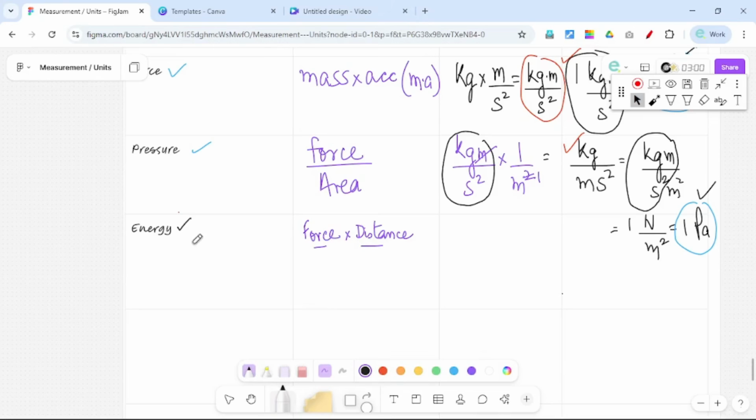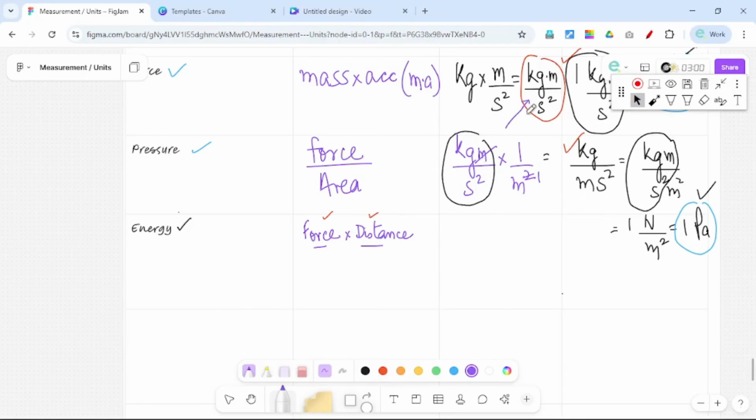So what is energy? Energy is defined as work done when some force is applied to move an object. So force applied multiplied by distance. You have to move the object. Let us use the unit of force. What is the unit of force?